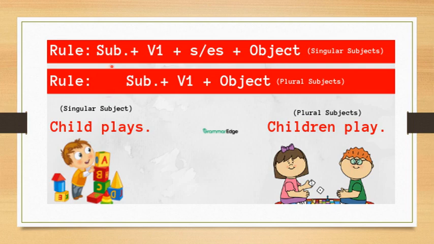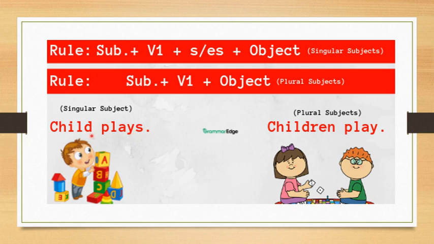Okay, next rule number 2, when the subject is plural, at that time only v1, we are not supposed to use the s or es suffix, and at the end there would be an object. Okay, just see here the first example, child, which is a singular noun, so the subject is singular, hence to the verb we have added this s, and the sentence is: child plays.